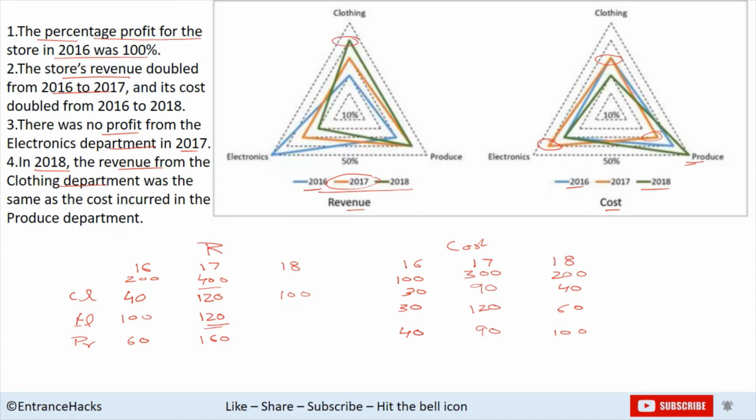So 40% is 100, that means 10% is 25. For electronics we have 20%, that means 50. And this will be 40% again, so this will be 100. So 250 was the total revenue here. So we have got the values. Now we'll come to the questions and solve them.